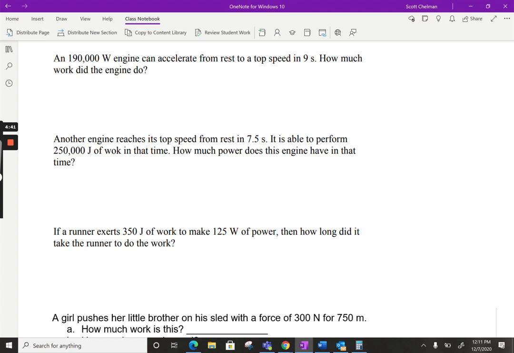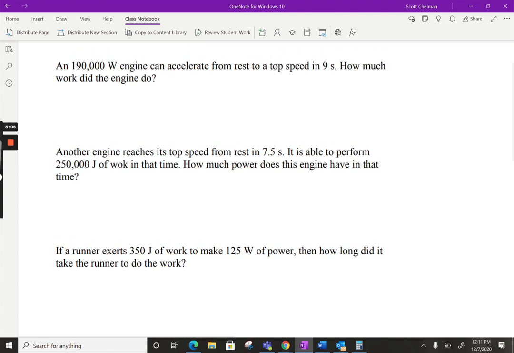Okay, so we got a couple different types of problems here. On the first one, it says a 190,000 watt engine can accelerate from rest to a top speed in 9 seconds. How much work did the engine do? Remember, what's the formula for power?